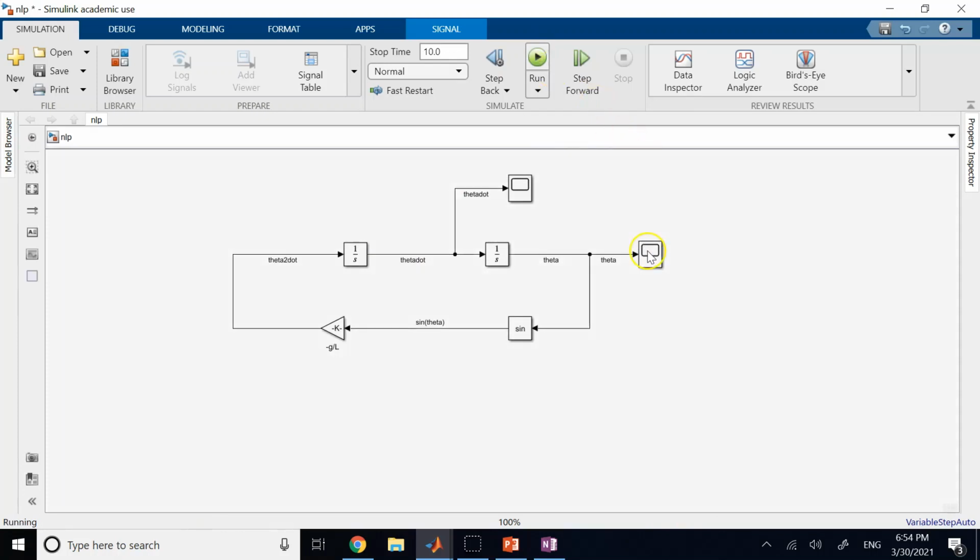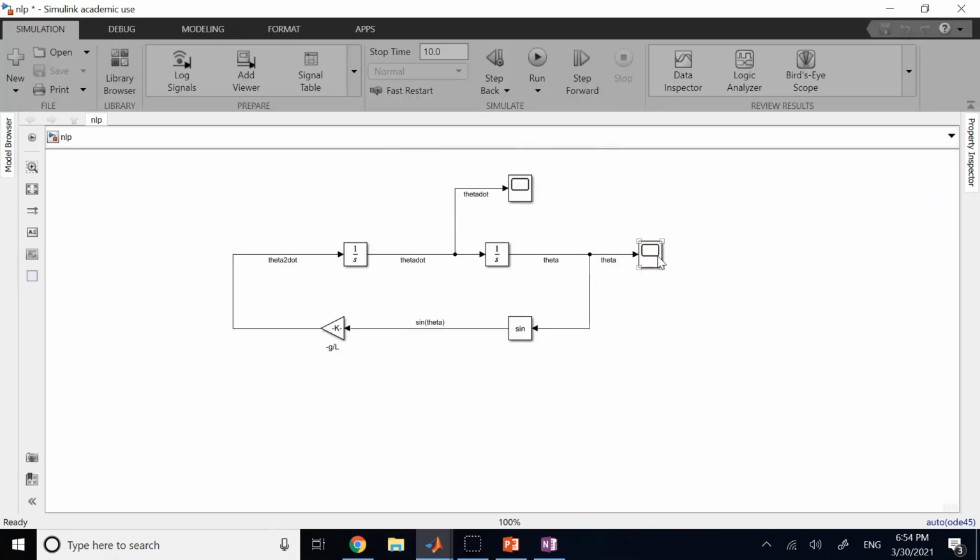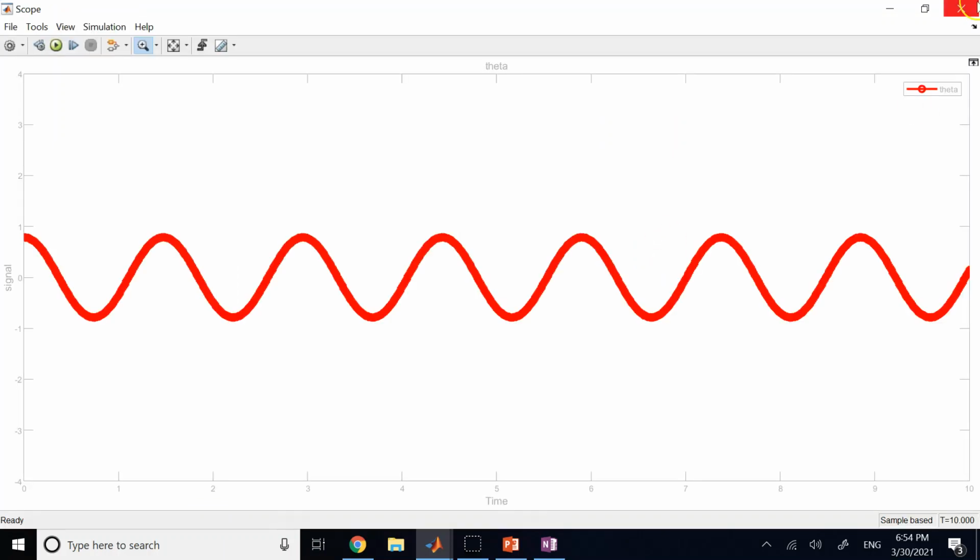So now not only can you click on the scope block and see those things, if you go to Workspace, you should also be able to see the values of those variables in the Workspace, and so you should be able to do the plot separately in MATLAB. Okay, so clearly you see the data is there.